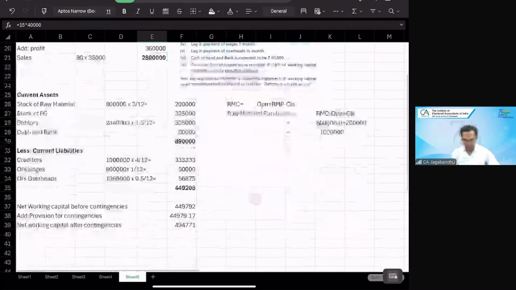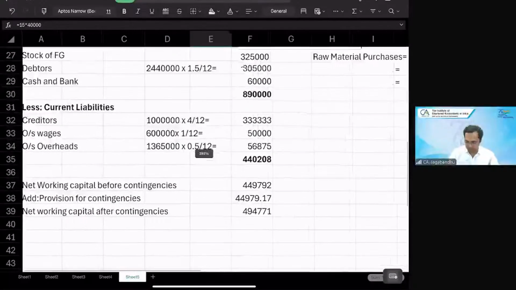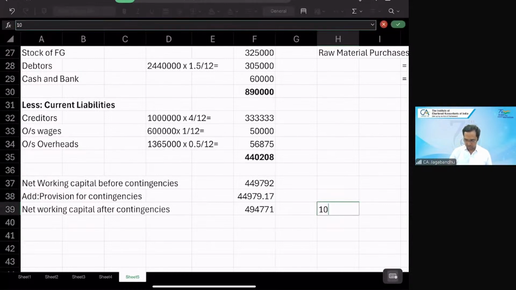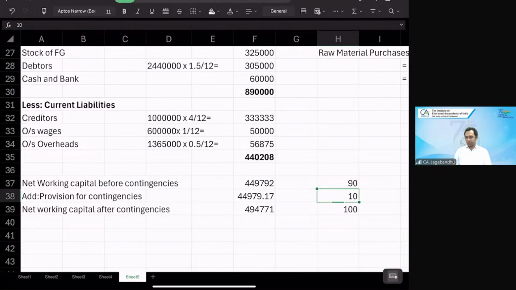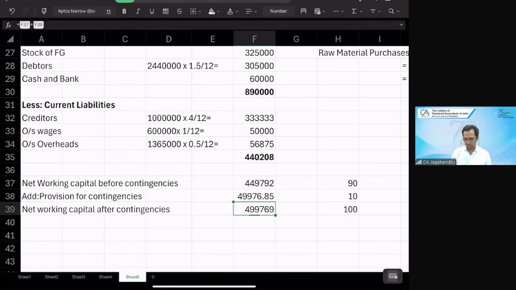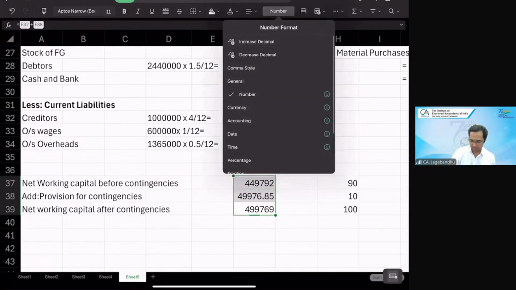Including that provision simply means it's working like this. If this is 100, provision for contingency is 10, and so this is 90. So you can simply do the cross multiplication: since this is divided by 90, I'm going to multiply it with 0.1, and then we simply add both of them for the contingencies.